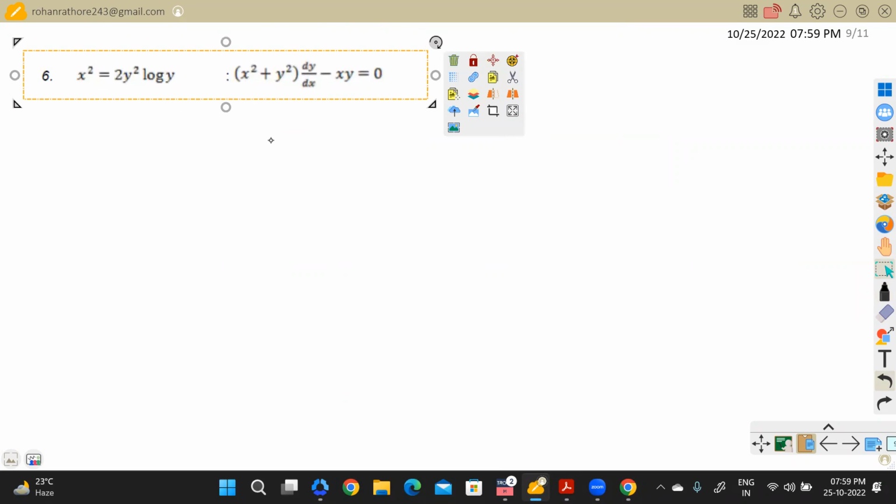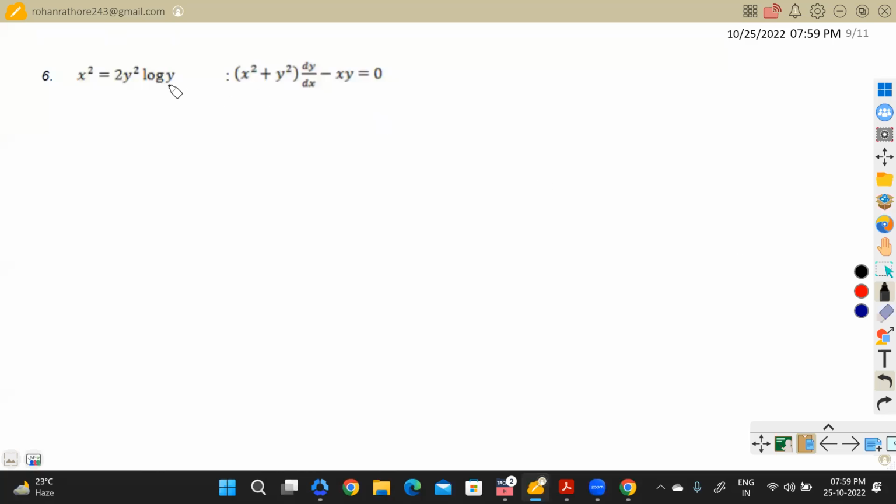Okay, now we have a solution as x square plus 2y square, x square equals 2y square log y, and the differential equation as x square plus y square times dy by dx minus xy. So what we have here, we have x square, we have y square, we have dy by dx, and we have xy.